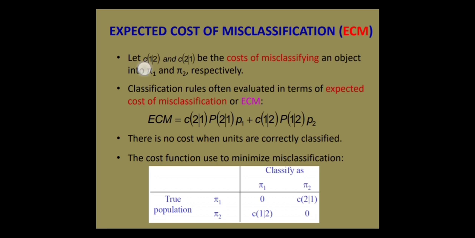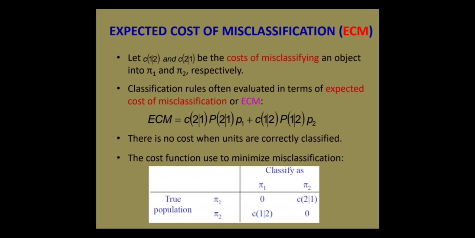So kalau C(1|2) means that it is the cost of misclassifying an object into the first population, but actually it is from the second population. C(2|1) adalah cost of misclassifying the object into the second population pi 2, but actually that observation comes from the first population.